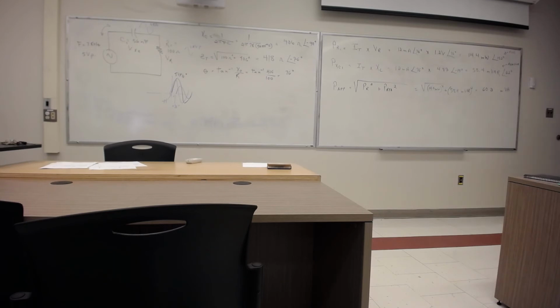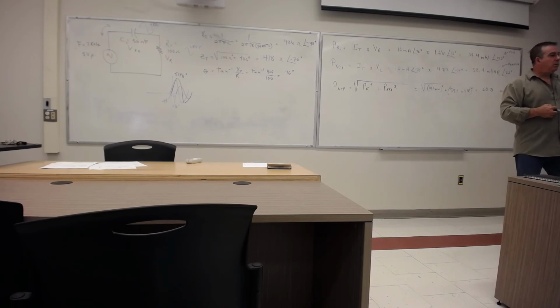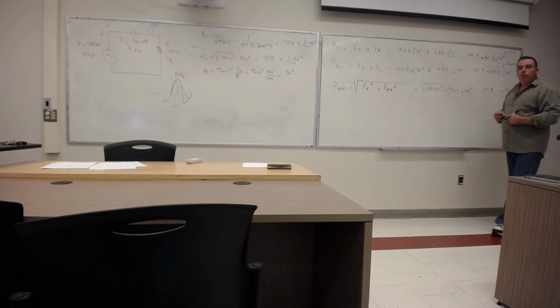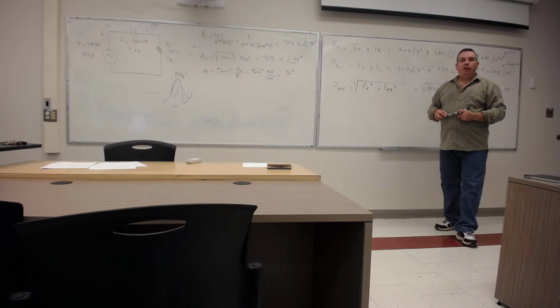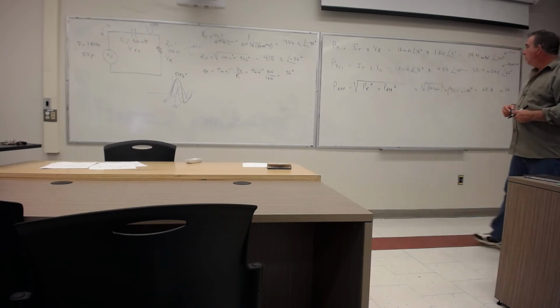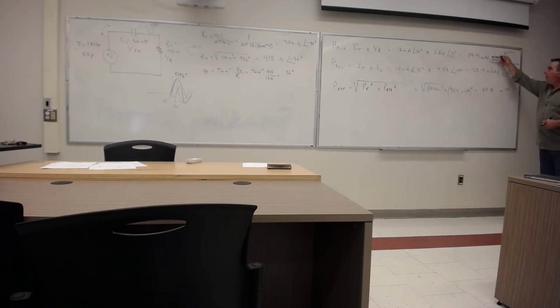Everybody check that, make sure that's okay with you. Is that right? Yeah. Okay. So look at that. You've got your real amount of power actually dissipated in the circuit, you've got the reactive power, and you add these two up together in a vectorial way because they're at 90 degrees from each other, and you get 60.2 milliVA.